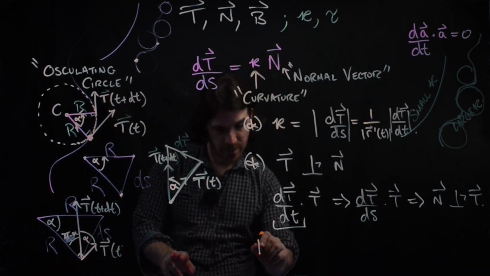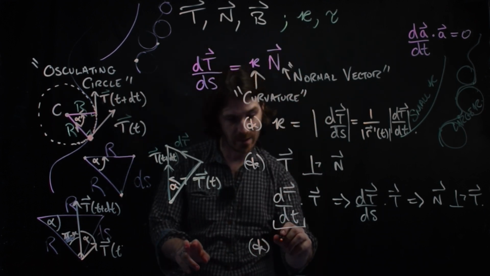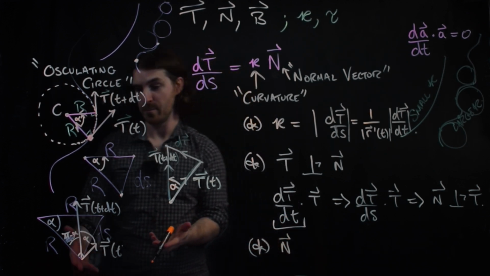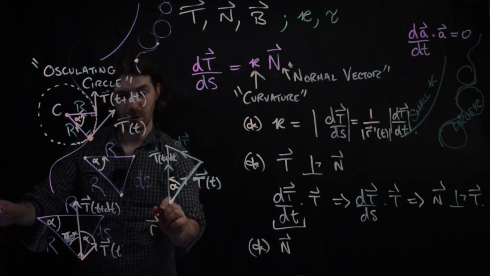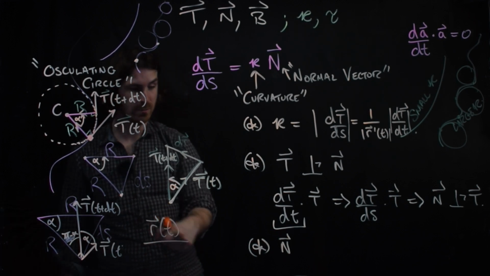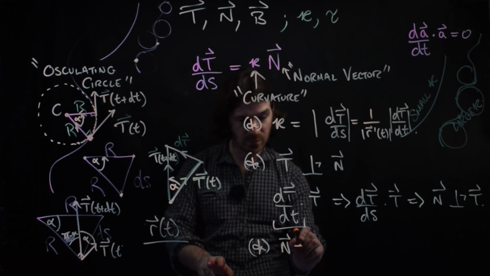And if we want to find a working formula for this normal vector N, if you're given a curve r of t, and you're asked to work out the normal vector, then what do we use?